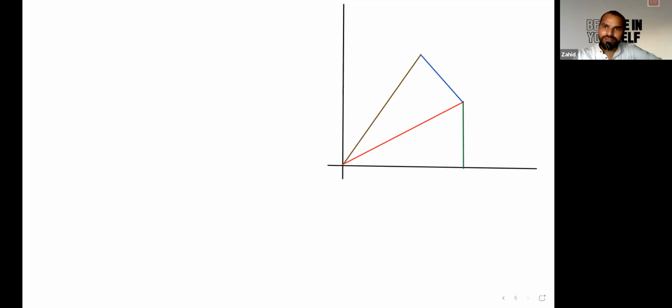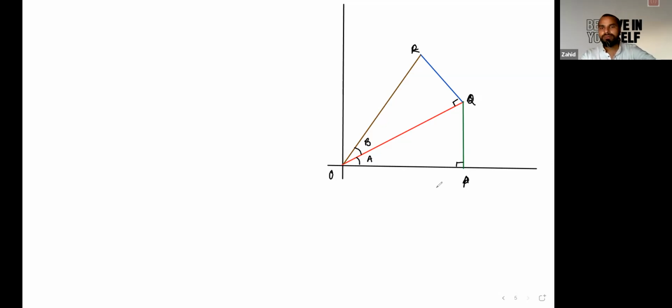So we have two different triangles. First one is O, A, B. This one is your C. It is better to write it as P, Q, R. This would be your angle A. This would be your angle B. Here it is 90 degrees and here it is 90 degrees.